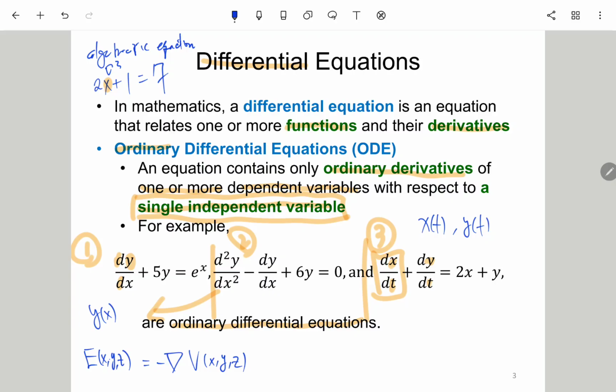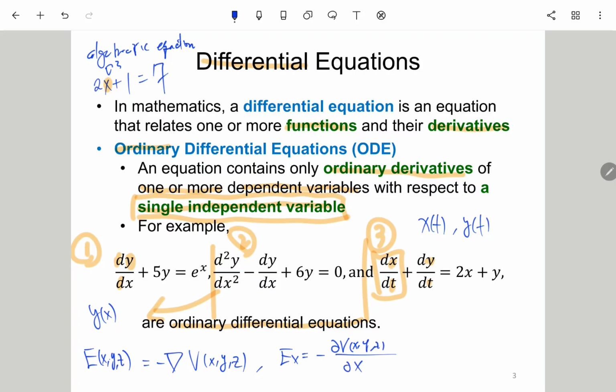In that case, if we write only the x-axis component, Ex will be negative partial V(x, y, z) over partial x.